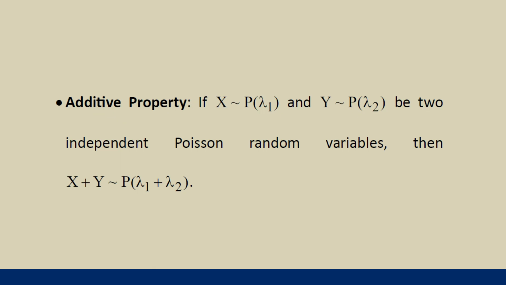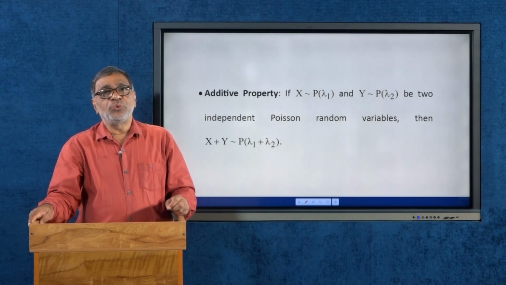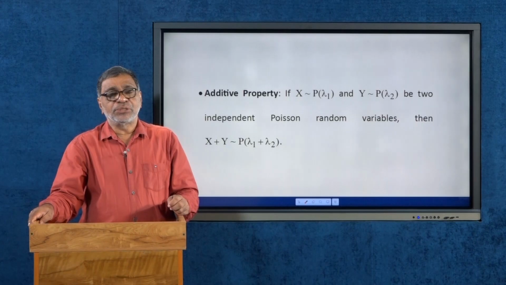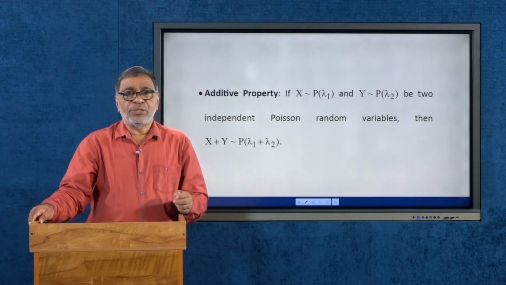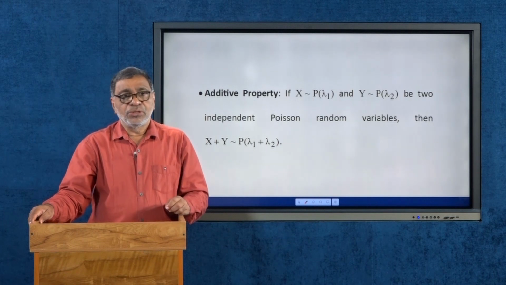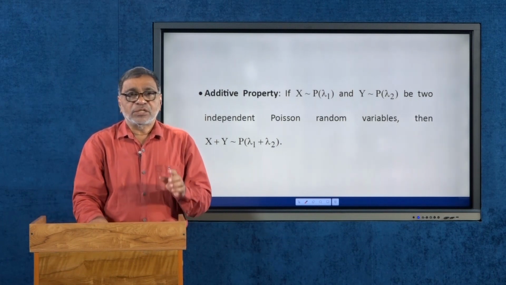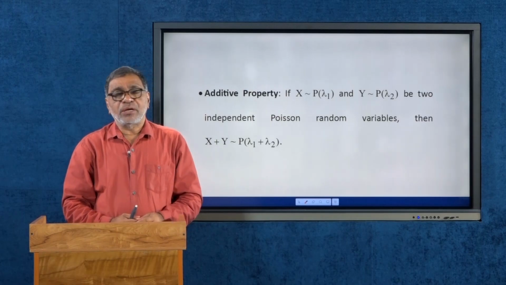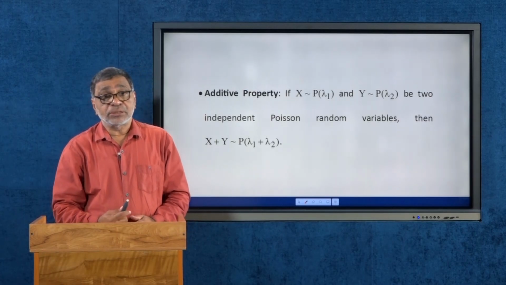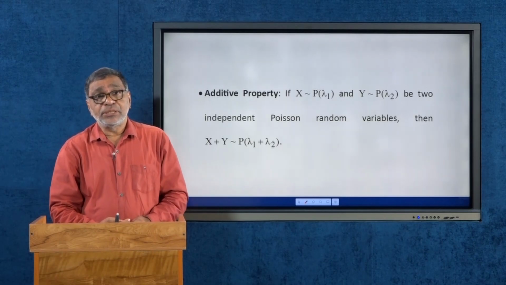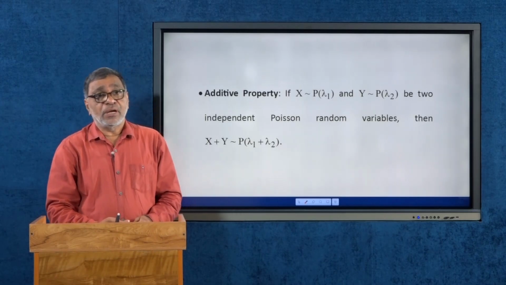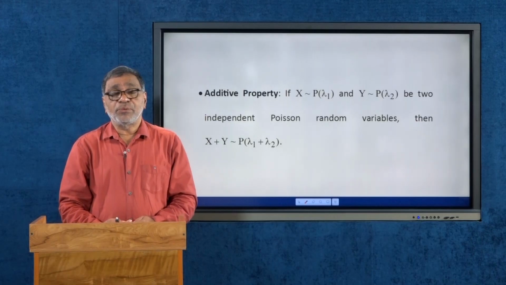That is, suppose you are considering two independent Poisson random variables X and Y with the respective parameters lambda 1 and lambda 2, and then X plus Y is also a Poisson random variable with the parameter being the sum of the parameters. And how do we establish this additive property?